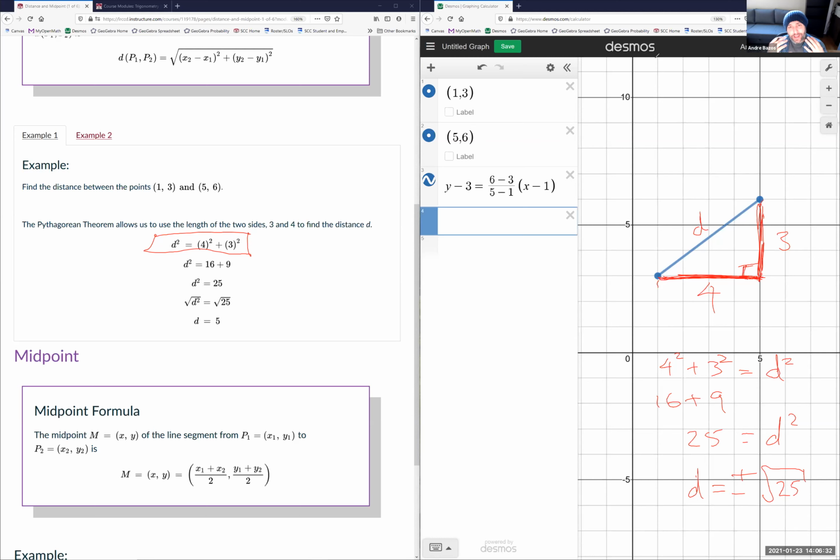I'm saying this, but hopefully you're yelling at the screen going, Andre, seriously? Why would you say that? Because this is a distance. This is a positive thing. It couldn't ever be negative. And that is true. There's no way this could be negative, but I want to make sure we're honest with ourselves in terms of the mathematics and the way we solve things.